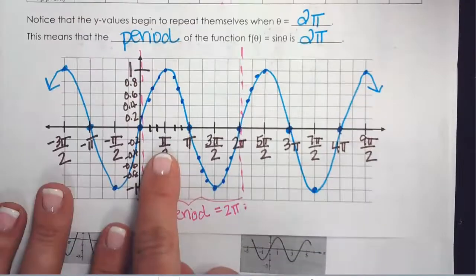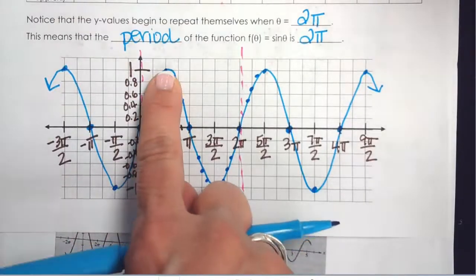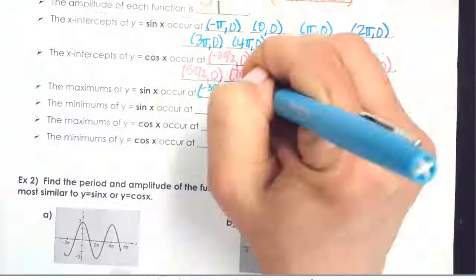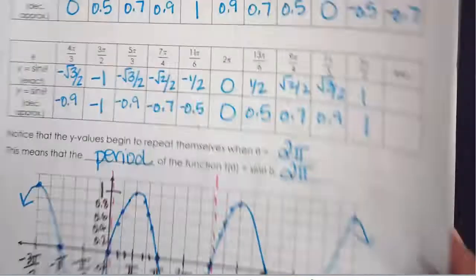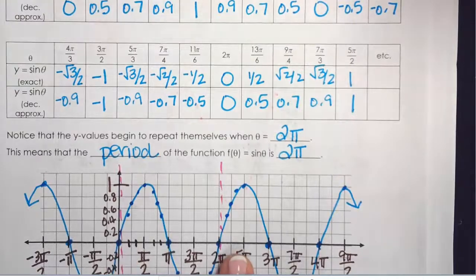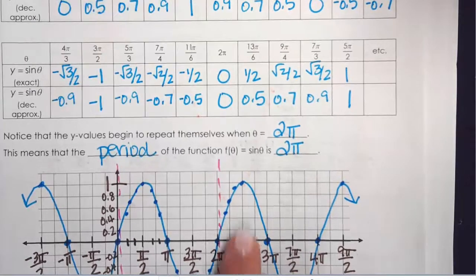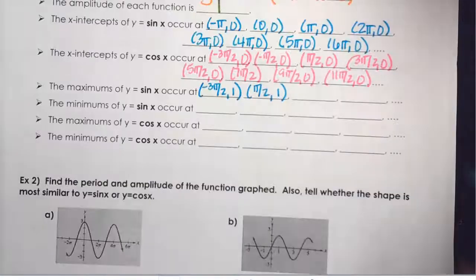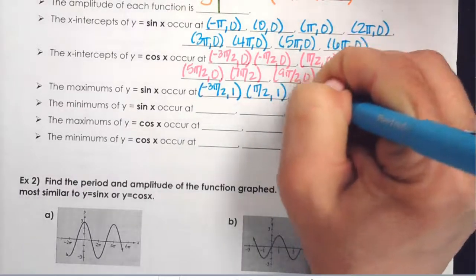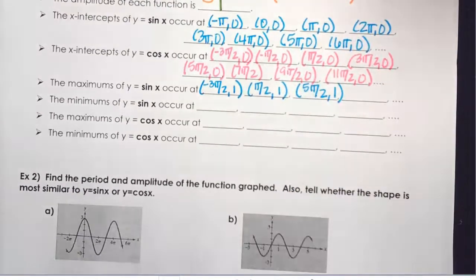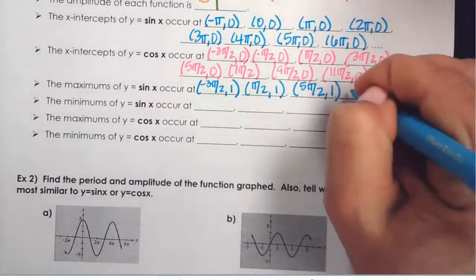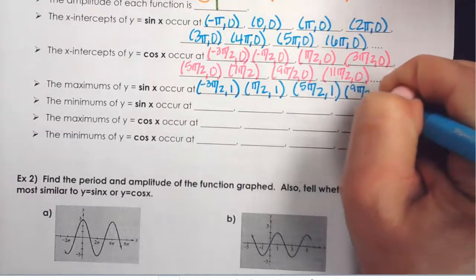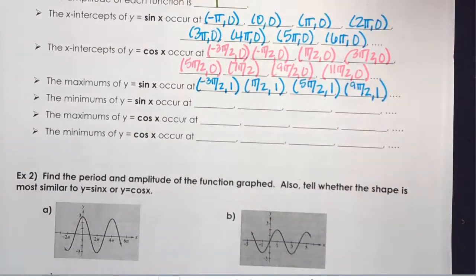It's at positive pi over 2, comma 1. The next maximum is at (5 pi over 2, 1). So this isn't every pi. Do you see that the maximum is every 2 pi? And so then the next maximum would be at (9 pi over 2, 1), which we do see in our picture.